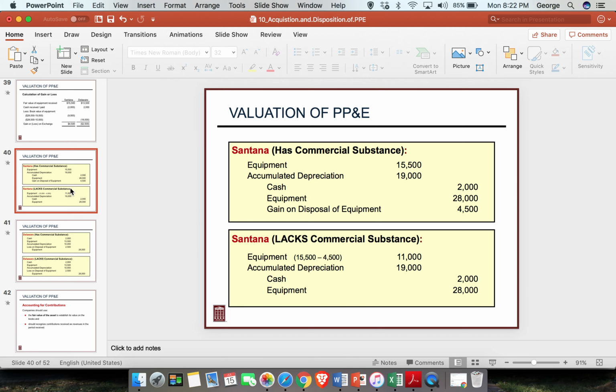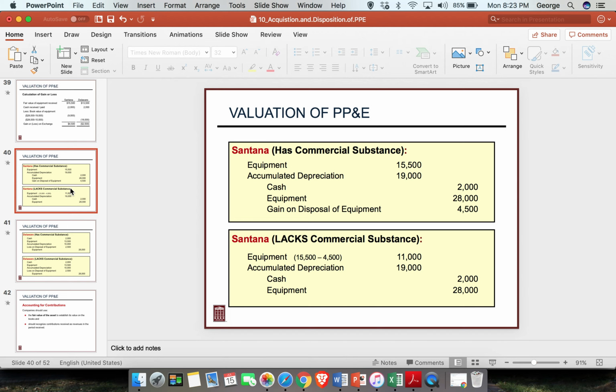They paid cash, so their equipment is 15,500. So we're going to record it for 11,000, reducing it by the $4,500 gain. Accumulated depreciation would be debited for 19,000, credit cash for 2, and credit equipment for 28.